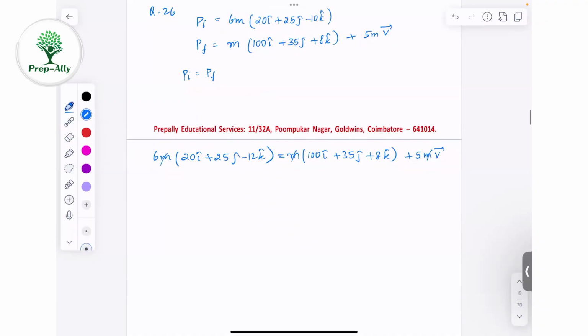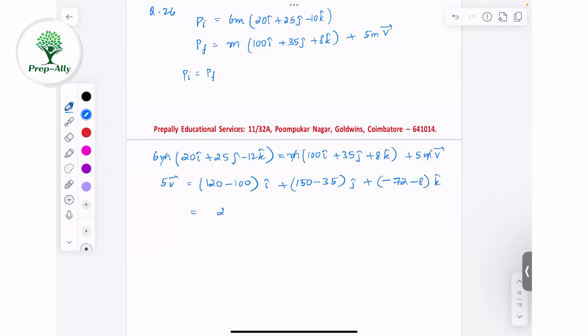So if we take these terms to the other side, we get 5 v bar is 120 minus 100 I cap plus 6 into 25 is 150 minus 35 j cap plus 6 into 12 is going to be minus 72 minus 8 k cap.